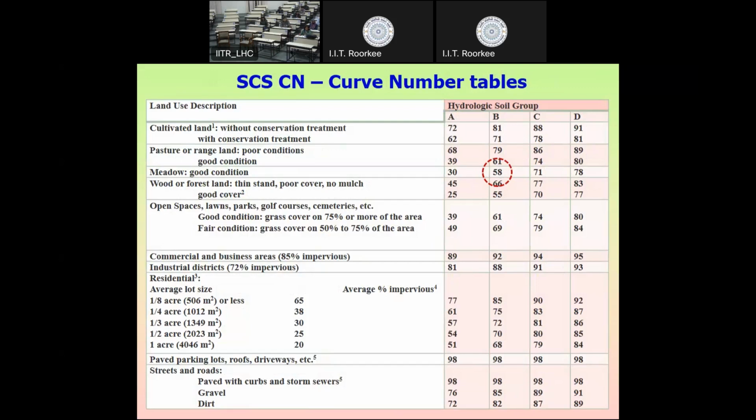This will be 50 minus 0.2 into 184 square divided by 50 plus 0.8 into 184.